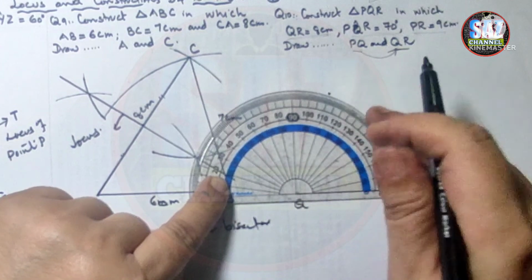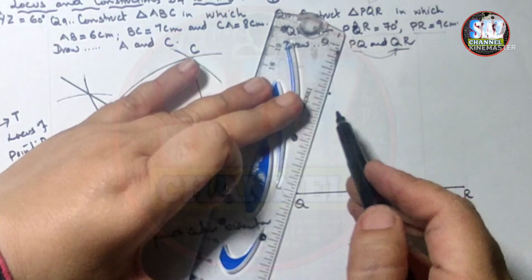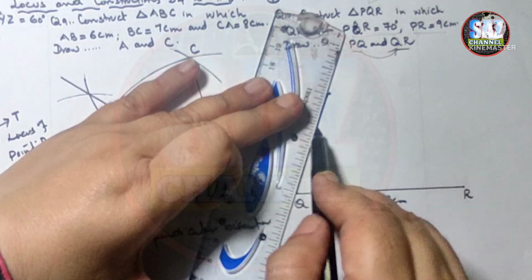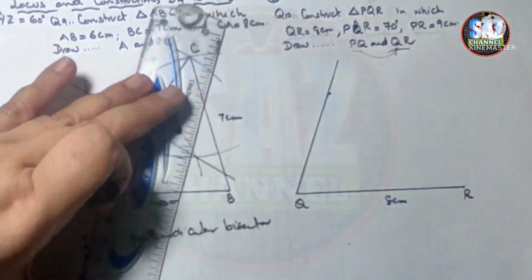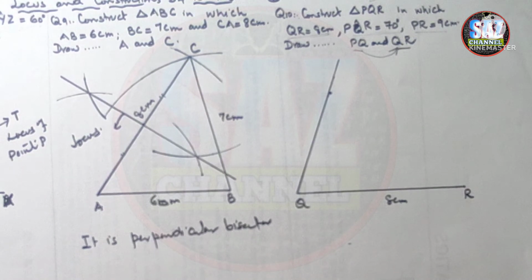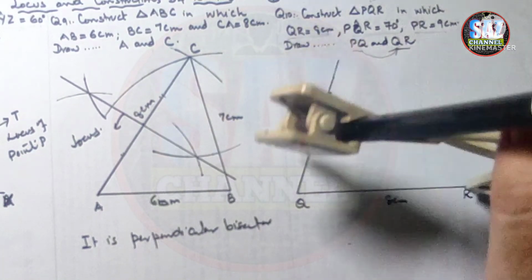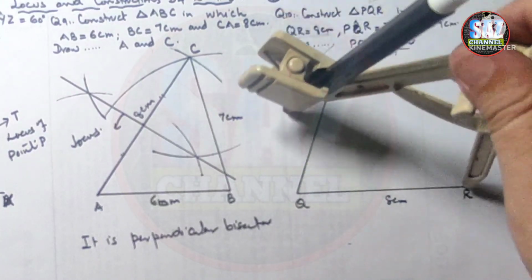I have to first mark the point, and then draw the line, joining this line with letter Q. For PR, which is 9 centimeter, let me open the arm of the compass to a radius of 9 centimeter, and keep the needle at vertex R, and then draw the arc over here.